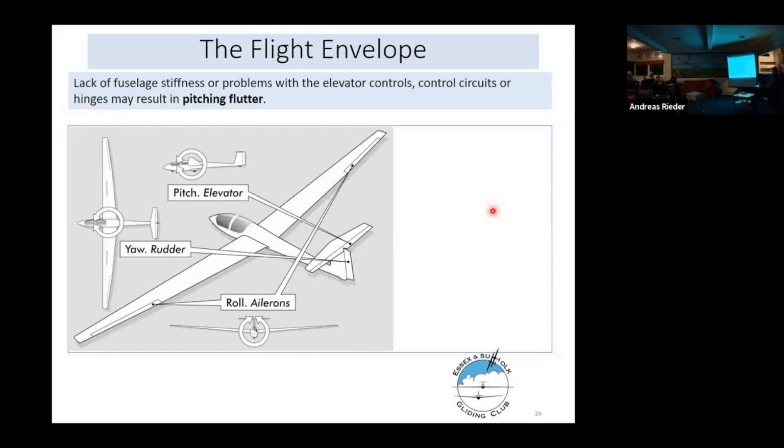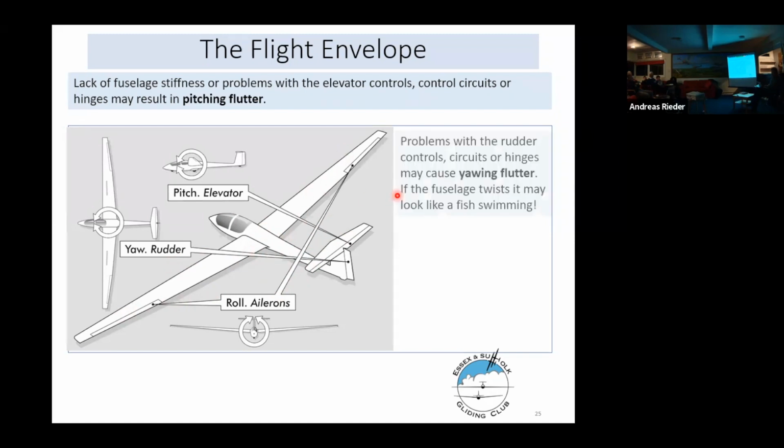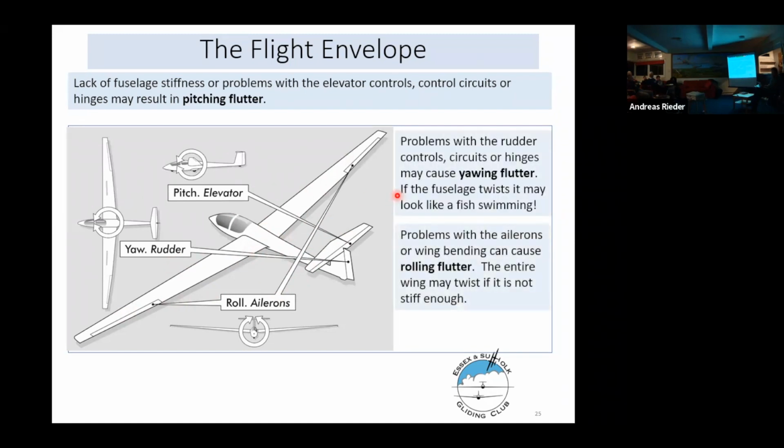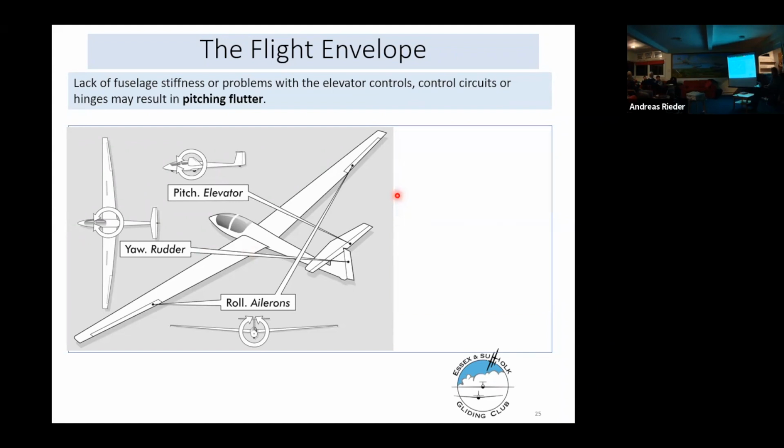People think of flutter as being a control surface, or perhaps the rudder, but the glider can flutter in pitch, in roll, or in yaw, and that will depend on the structural stiffness of the fuselage and the torsional stiffness, whether the tail can twist relative to the fuselage, and the flexibility of the wings. So you can have yawing, rolling, or pitching flutter.